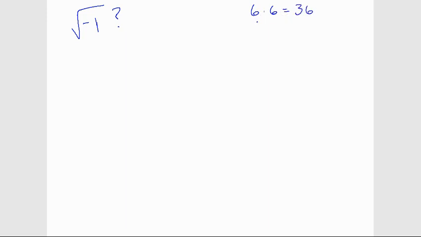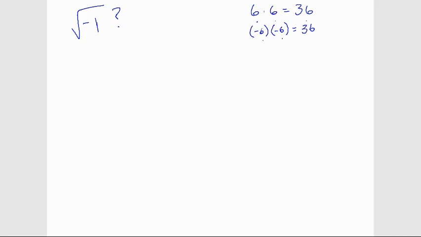A positive times a positive equals a positive, but we also get -6 times -6 equals 36. So a negative times a negative equals a positive. Now, what we can do is talk about how we could do a negative times a positive, but that defeats the purpose of squaring a number because they would not be the same.